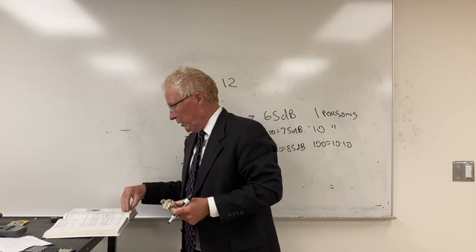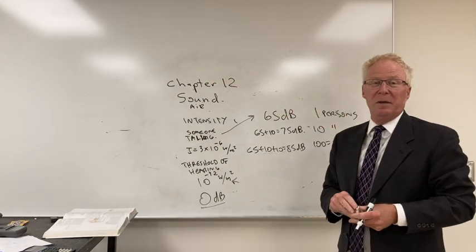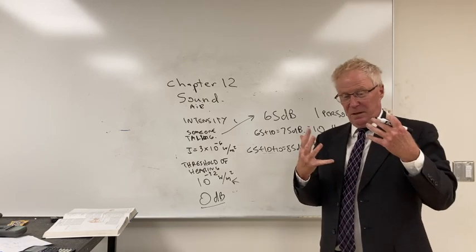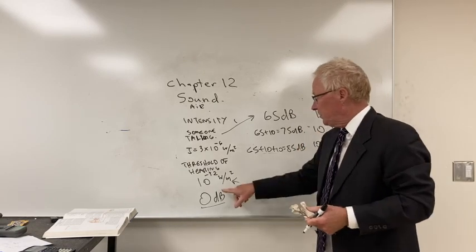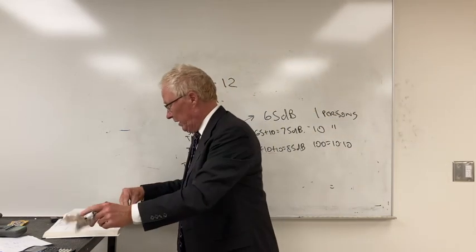So that's the decibel scale. That's more of what we're going to be looking at. But I gave you that formula for calculating dB in terms of the threshold of hearing, which is 10 to the minus 12, using the log scale.